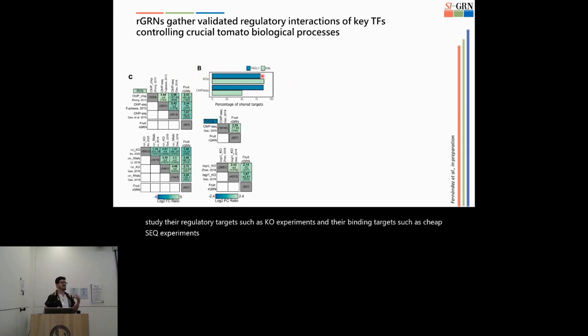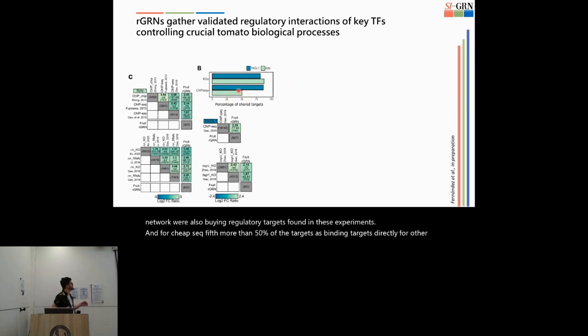Here we found that more than 70% of the targets found in our network were also regulatory targets found in these experiments. And for ChIP-seq, more than 50% of the binding targets found directly in other experiments were also found in our networks, and more than 80% for the TGL1 transcription factor.